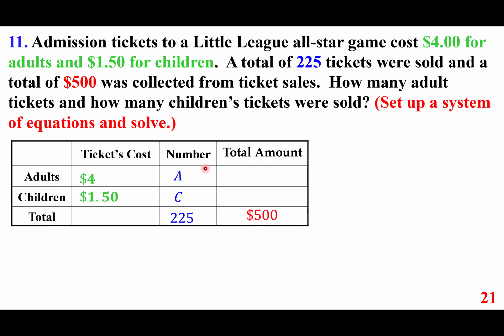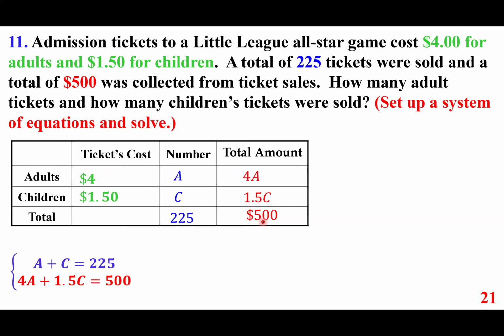So obviously, the amount that we collect from the adults would be 4A, and from the children would be 1.5 times C. So this is an equation. A plus C must be 225. And then 4A plus 1.5C must be 500.